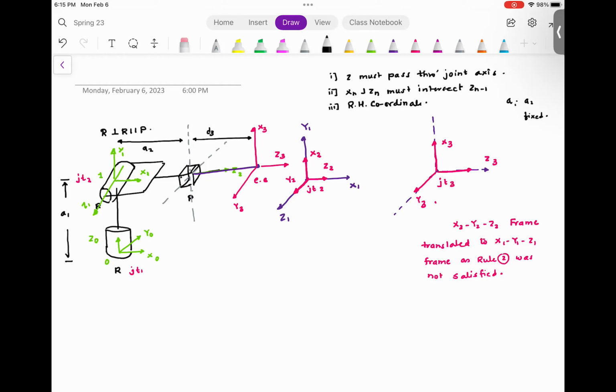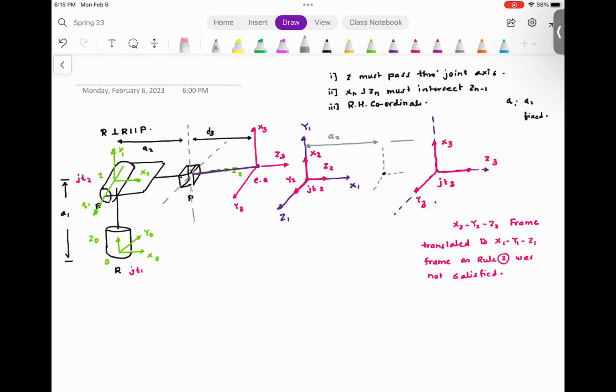Now I want you to understand what has happened here. Initially, this frame was here. This is where the frame was, but we moved this frame over here. So this distance is A2.